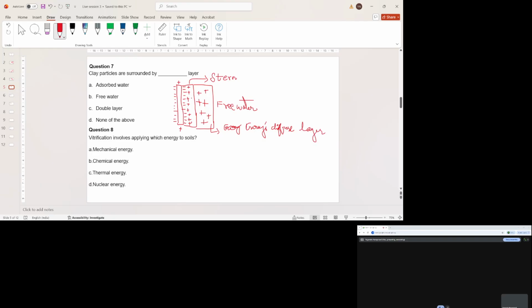This is a layer between the free water and the clay surface. These two layers combined are known as the diffuse double layer.